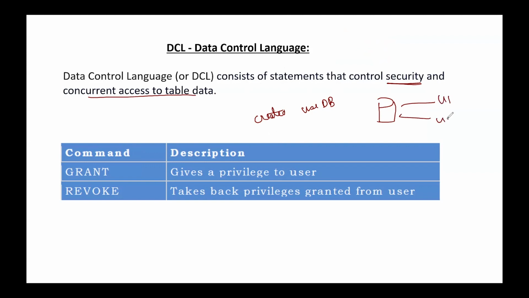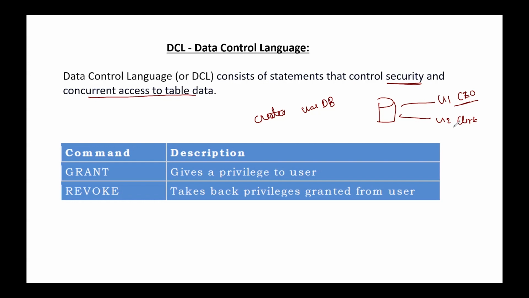Okay, user 1 and user 2. You want to give a different level of access. For example, if he is a CEO, then the level of access will be different compared to, for example, a clerk. CEO will be able to access all kinds of financial information, whereas a clerk is allowed to use only the basic level of information.